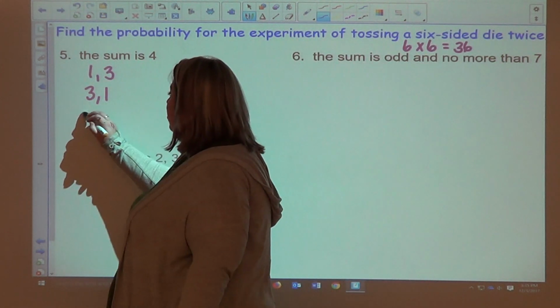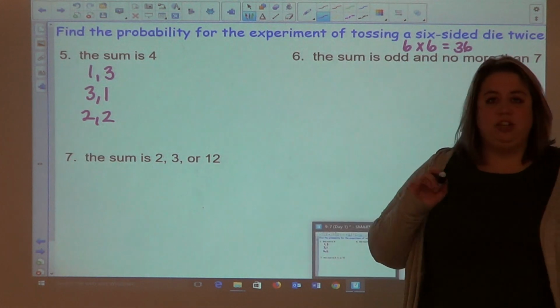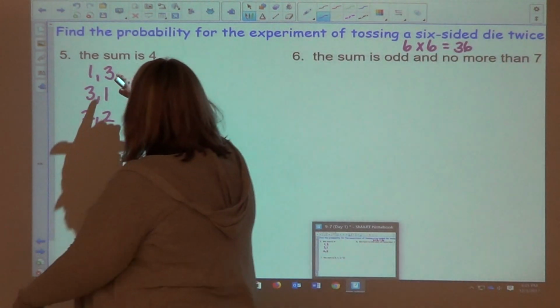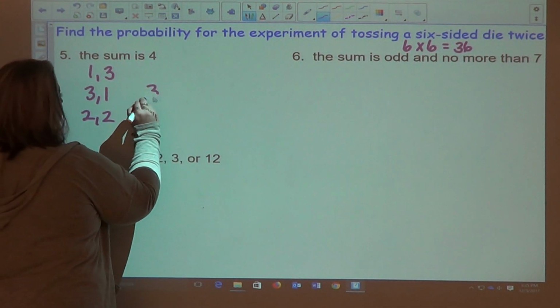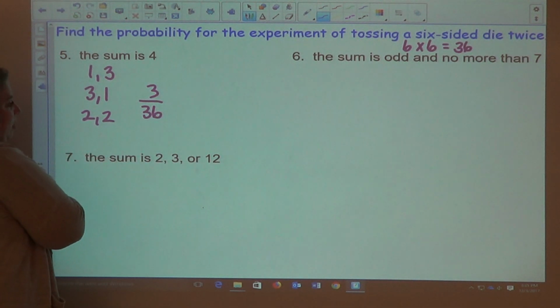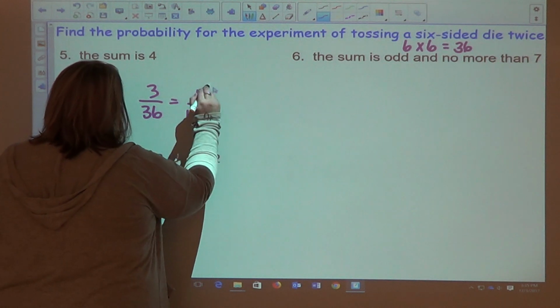Or I could roll a 2 and then a 2. There's no other combinations that would add up to give me 4. So that means there's 3 times this happened. 1, 2, 3. There's 36 in my sample space. So my fraction would be 3 out of 36. And then I would reduce that to 1/12.